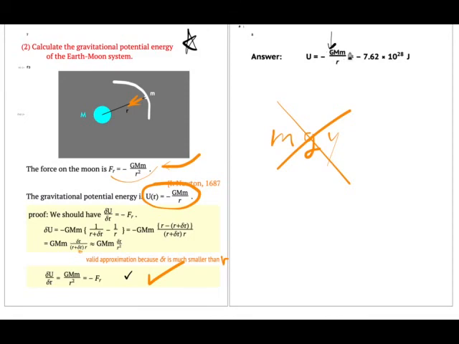If you look up these numbers in the book, or you look them up using Google or something, and calculate, the answer is negative 7.62 times 10 to the 28th power joules. The unit of energy is the joule. The unit of work is the joule. The unit of kinetic energy is the joule.